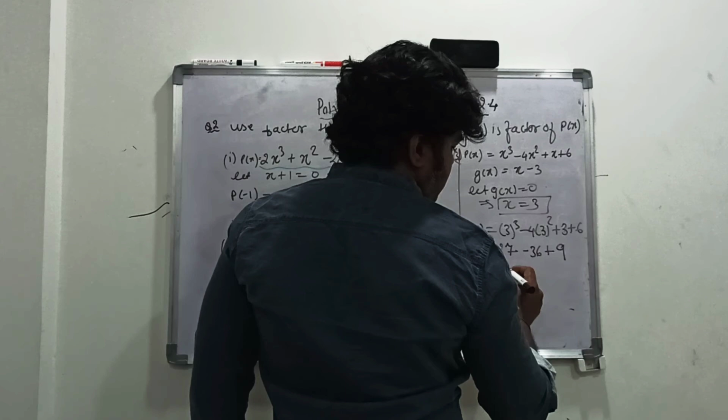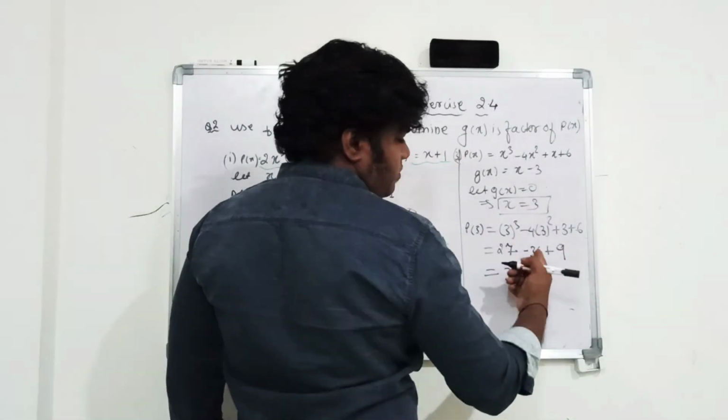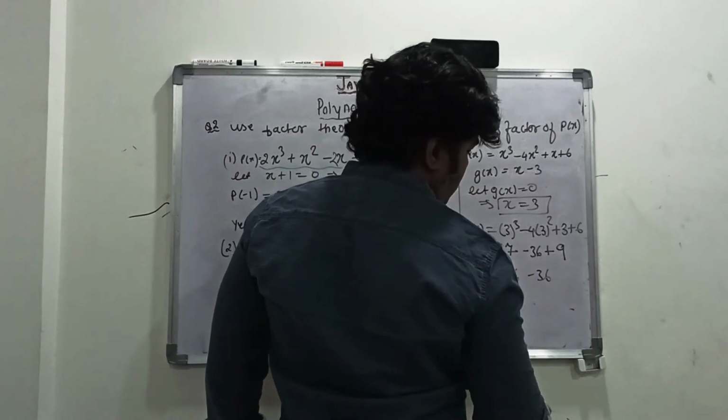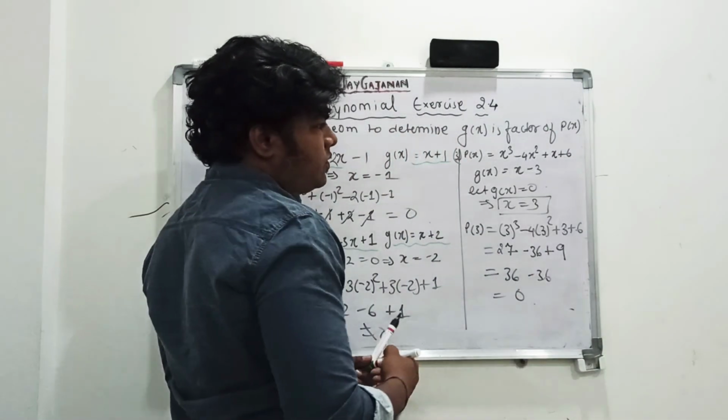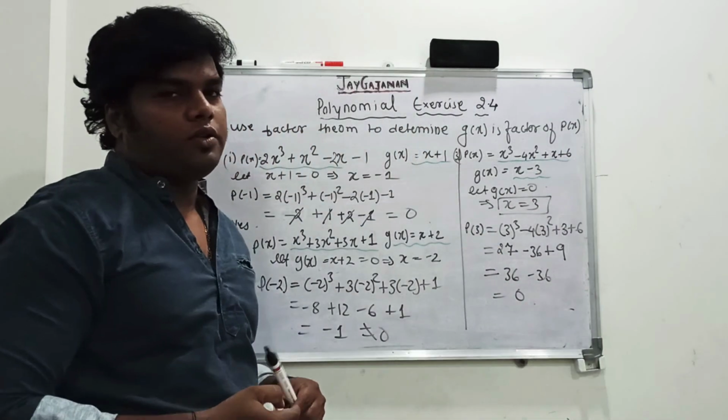This will be 36 minus 36. 27 plus 9 is 36, 36 minus 36 will give you 0, which implies yes, this is a factor of this because we got 0.